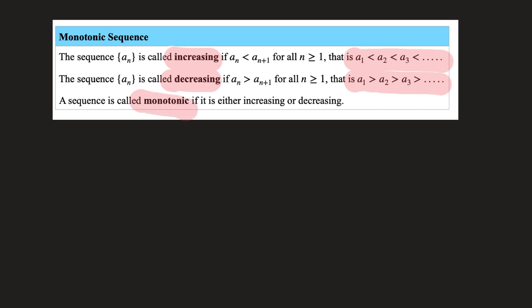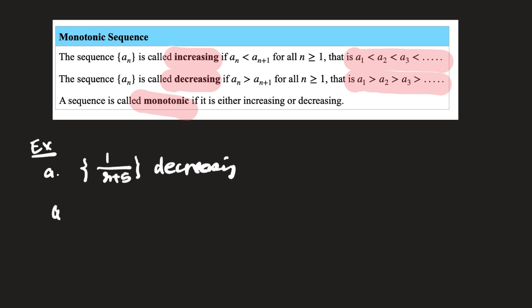Okay, so I'm going to give the examples here, guys. First example, I'll show this sequence is decreasing. How can you show it's decreasing?